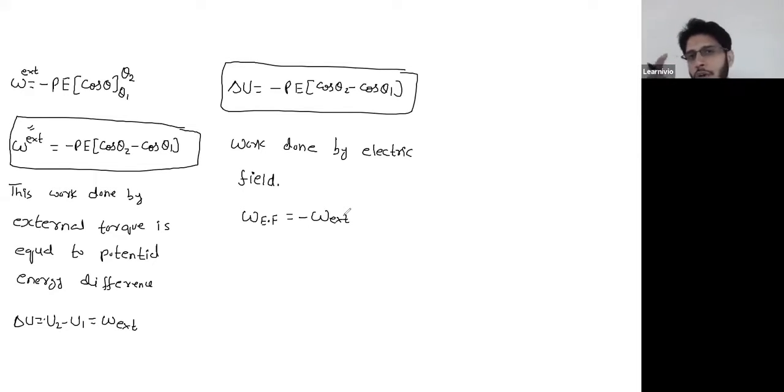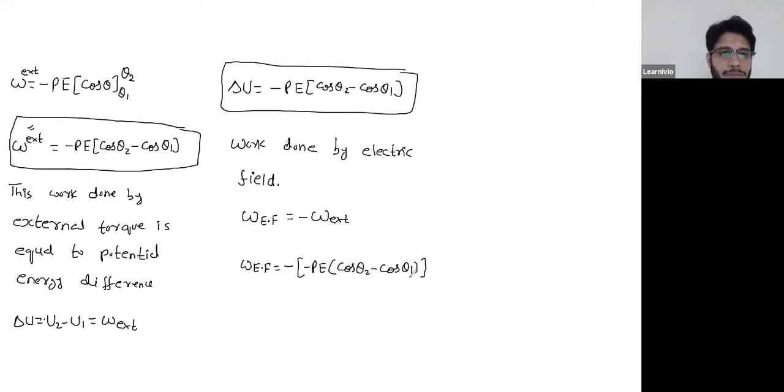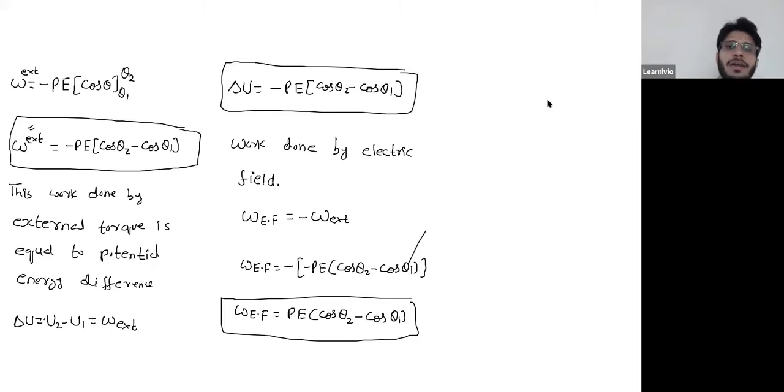The reason is the torque due to the electric field is clockwise, but the external torque acts in the anti-clockwise direction. So both torques act in opposite directions, and their work done differs by a negative sign. So the work done by electric field is P E times (cos θ2 minus cos θ1). This is how we calculate work done by electric field.